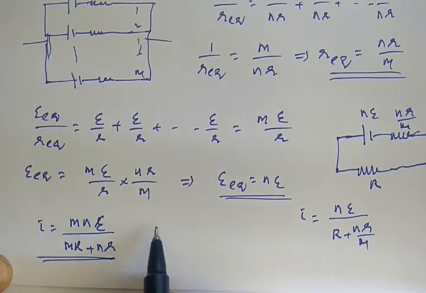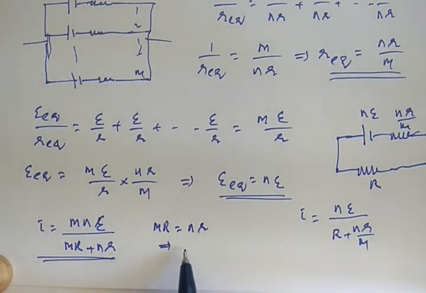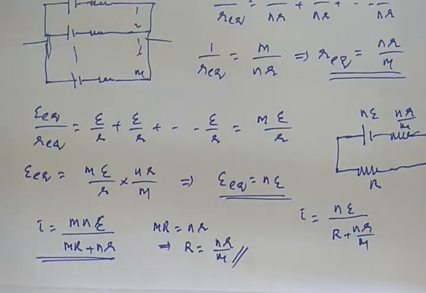So the condition for maximum current will be mR equals NR. That implies the external resistance of the external resistor will be NR by m. So this is the condition.